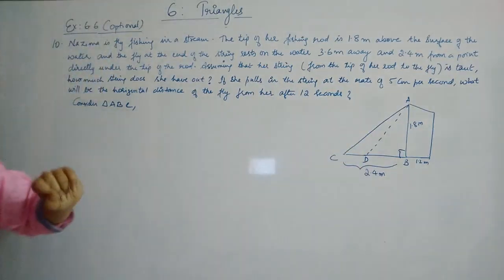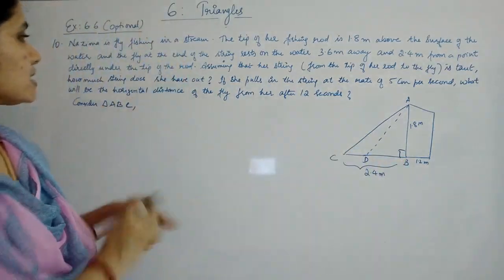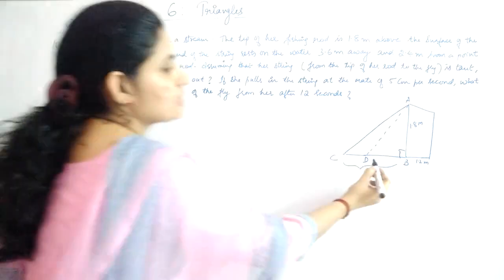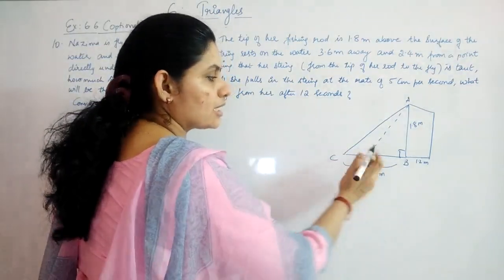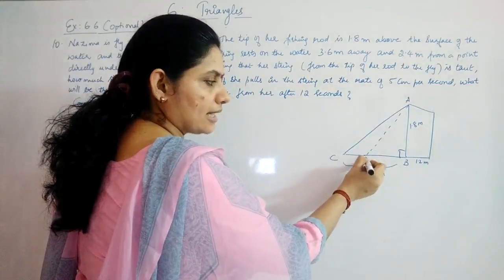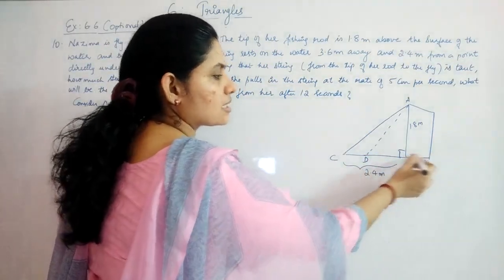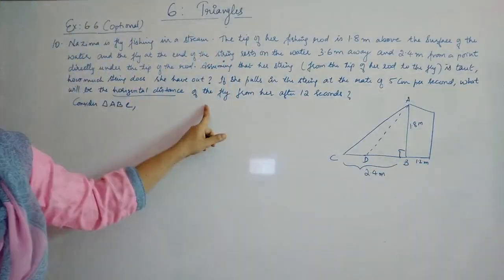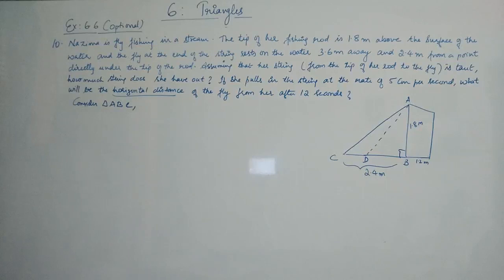Our purpose is to find the horizontal distance of the fly, when the string has been pulled towards her and reaches some point, taken as D. This distance plus this distance will be the horizontal distance. That will be your last answer, the second subdivision of the question.